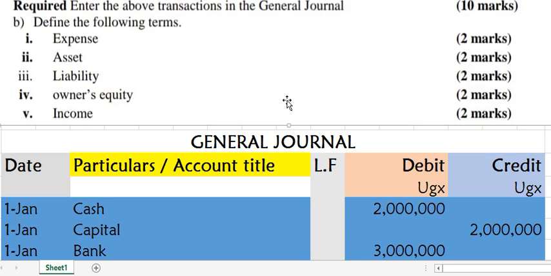They are very fundamental when it comes to preparing financial statements. In fact, they form the building blocks of financial statements, and they provide a framework for understanding and analyzing an entity's financial performance.